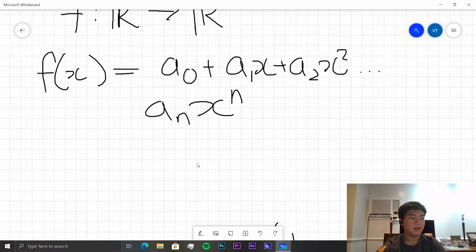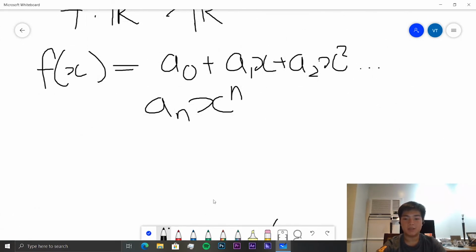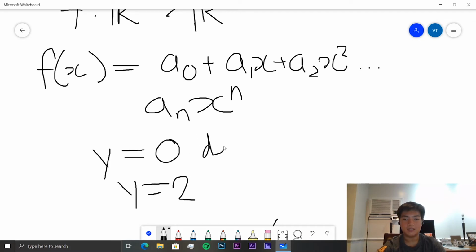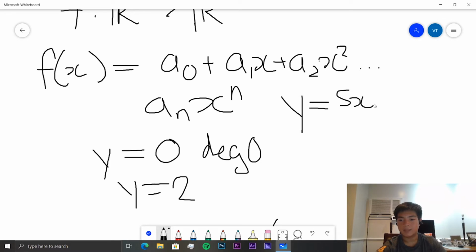So we've already met some polynomials before. First of all, any constant like y equals 0 or y equals 2 is a polynomial with degree 0. And then we have our linear expressions, y equals, say, 5x plus 4.